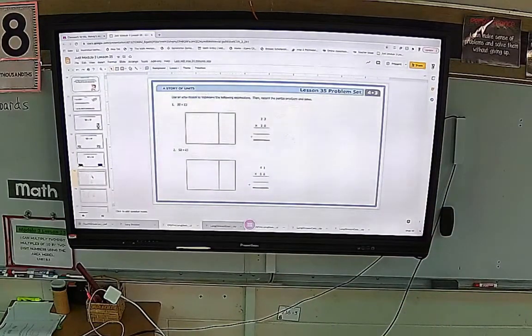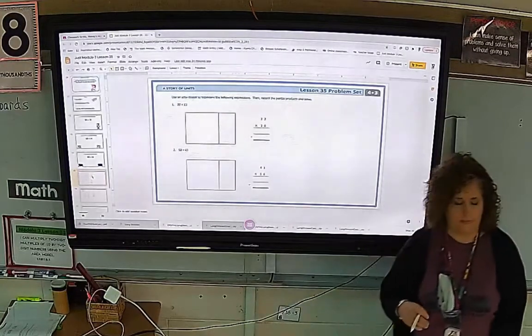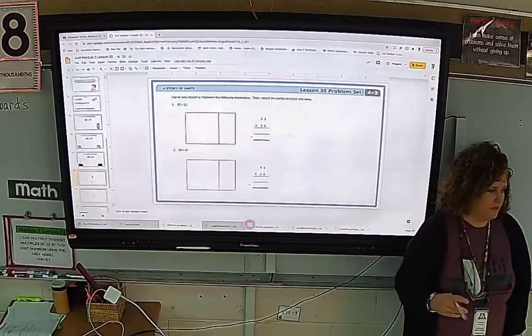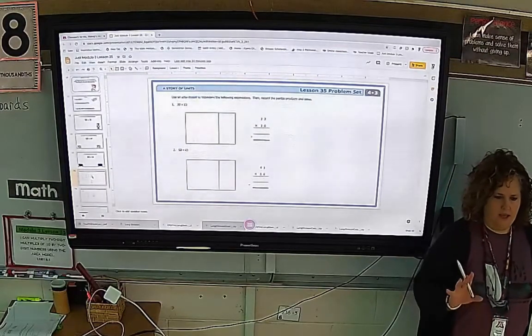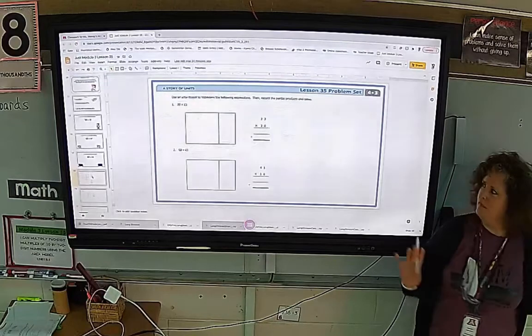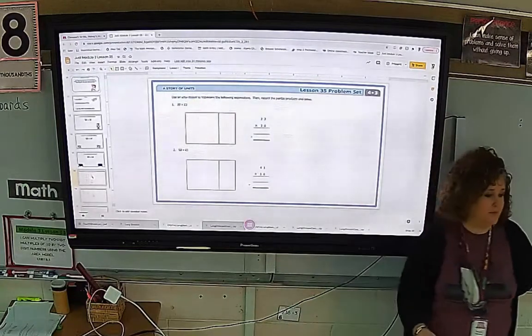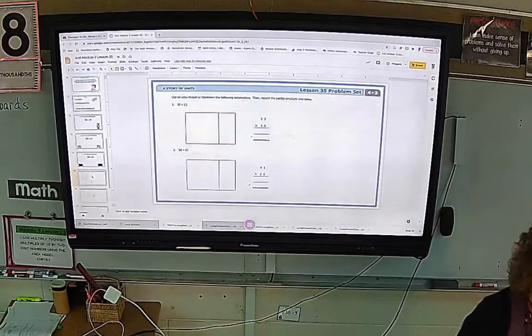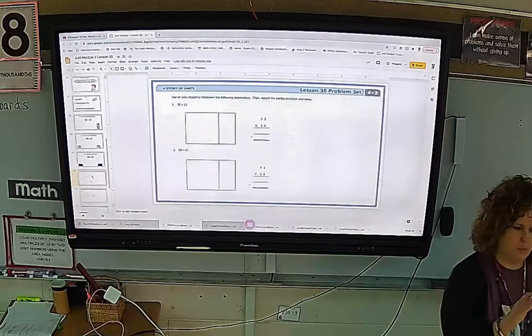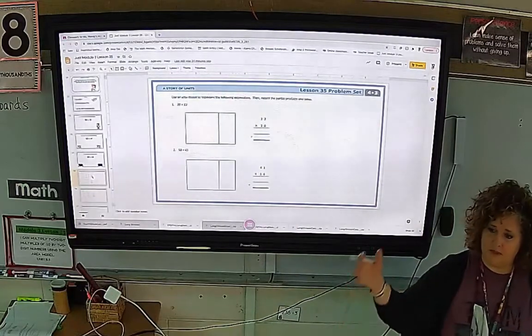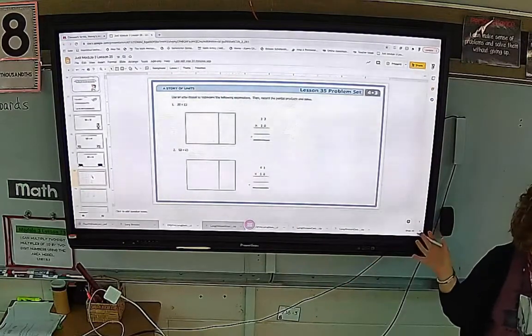Okay, let's put our eyes up here for a second. When I got to looking at this lesson before today, the book has asked you to do some different things that I'm not asking you to do. I was afraid if we did everything their way, it's going to be more confusing in another couple of days because they're doing something a little different than how we're going to teach it.